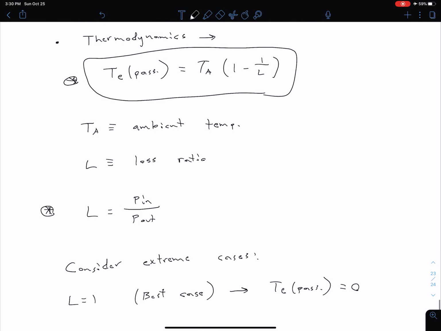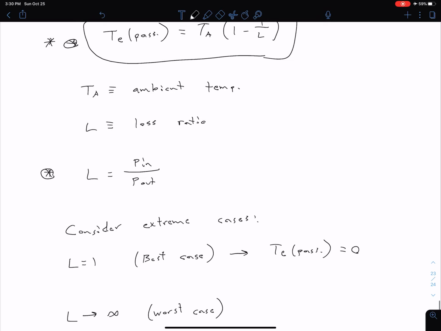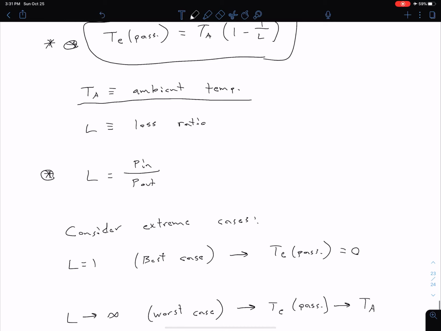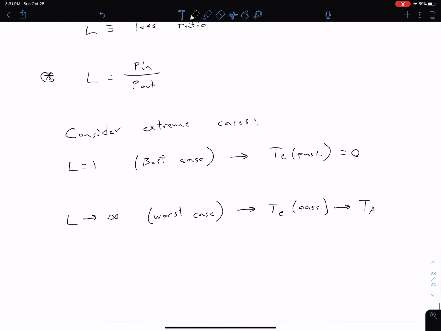Coming back up here to our effective input temperature equation, we see if we have a really large L on the right-hand side, we're essentially just going to have 1 times T A. So that means that our effective input temperature is just going to be the ambient temperature. So this T sub E for our passive element is approaching, since we're saying L is approaching infinity, a temperature of T A, which again, remember, is our ambient temperature. So these are the two extremes in terms of our loss ratio.